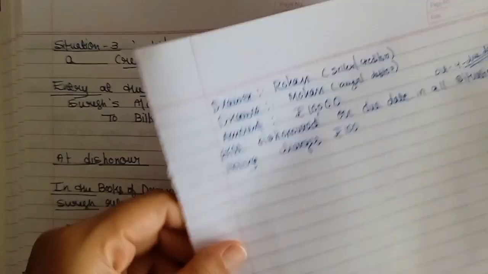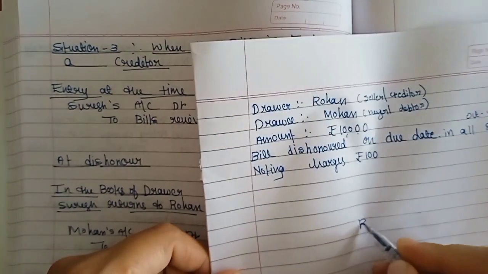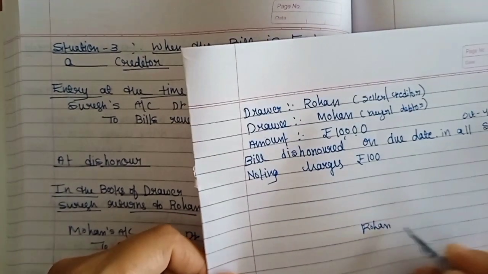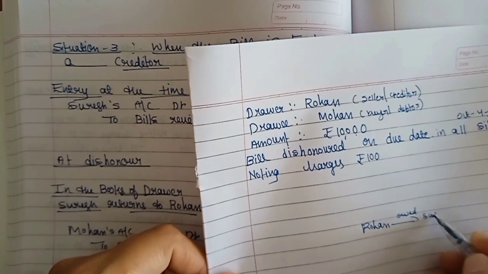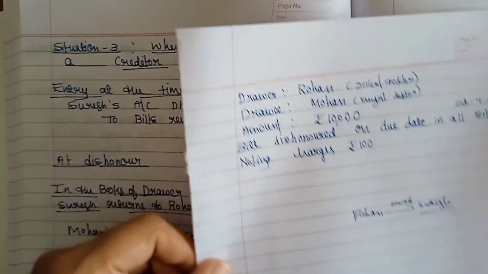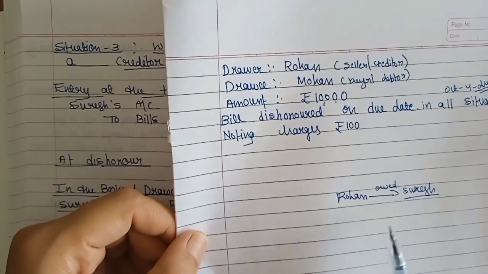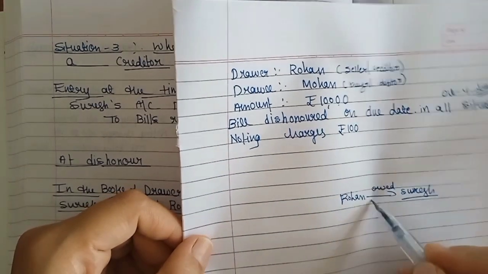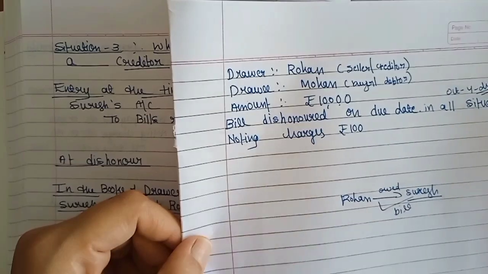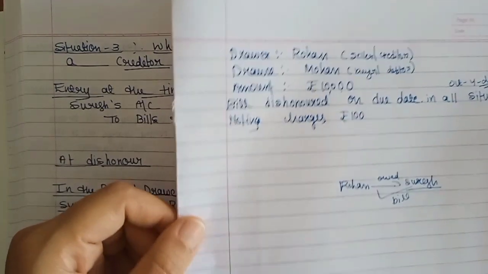So instead of paying cash to Suresh, Rohan gave Mohan's accepted bill to Suresh. This is what endorsement is.